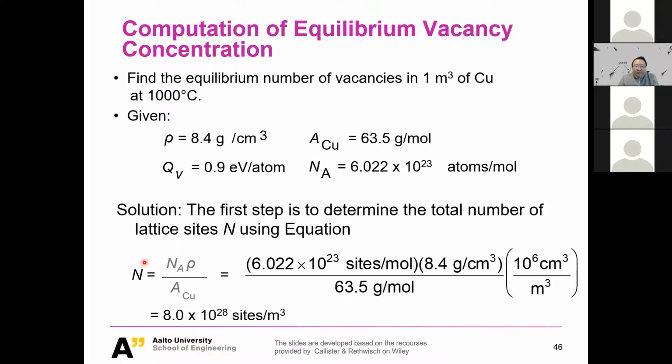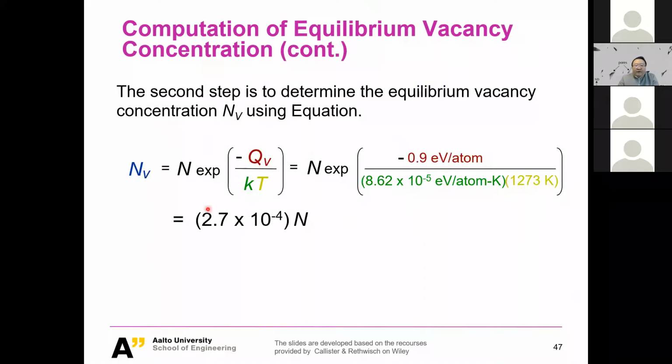Afterwards, the equation becomes very simple, because the activation energy Qv is given as a constant, and you know the temperature, but don't forget to convert it into Kelvin. Then you know the vacancy number is 2.7 times 10 to the power of -4 times N. So you see, it's not that little.